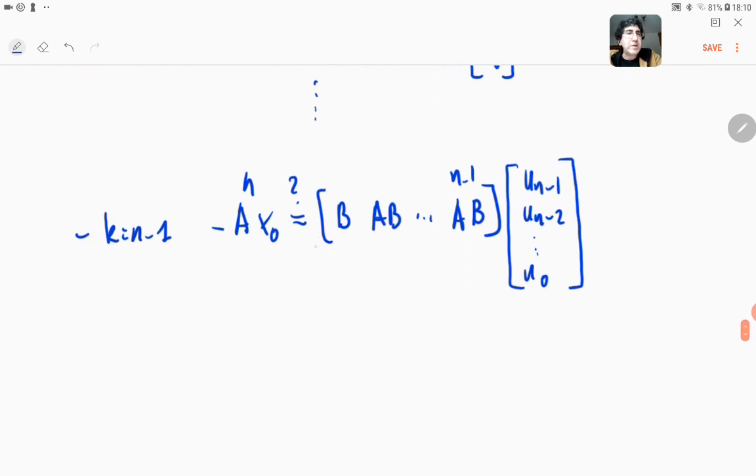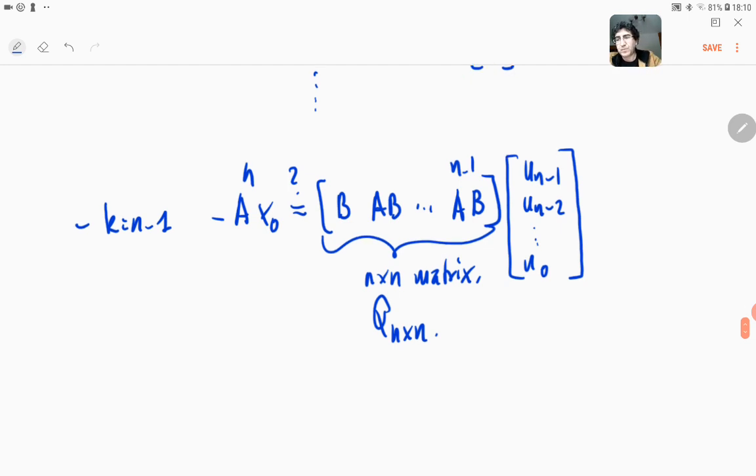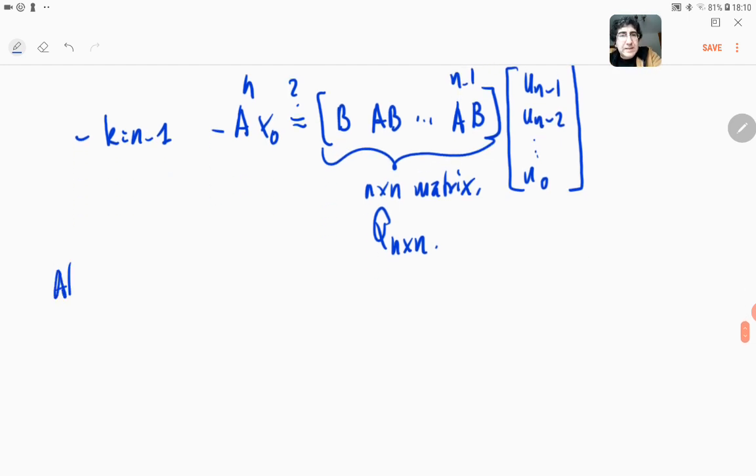Now at this point, this is basically an n by n matrix. So it's a square matrix. Let's call this Q n by n. So at k is equal to n minus 1, Q n by n is a square matrix.